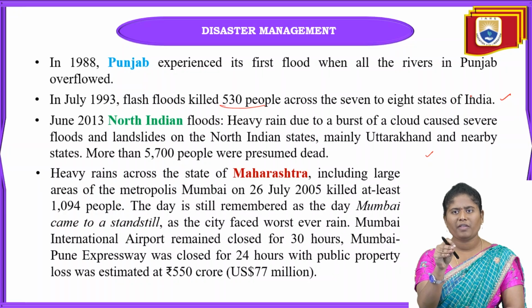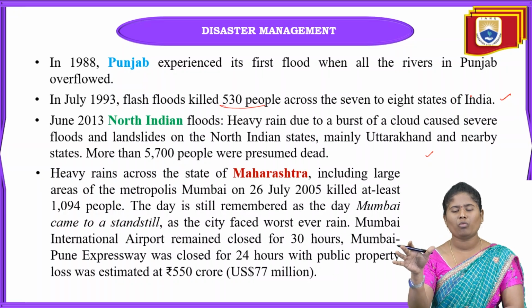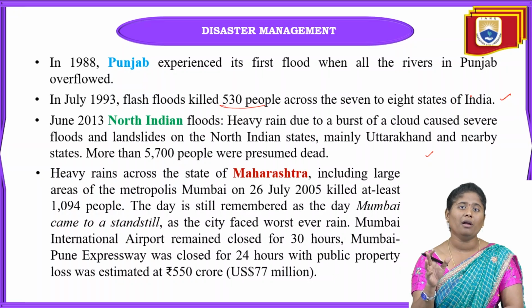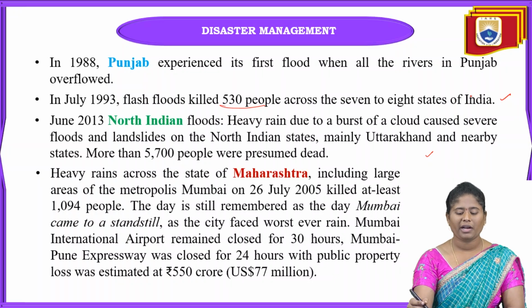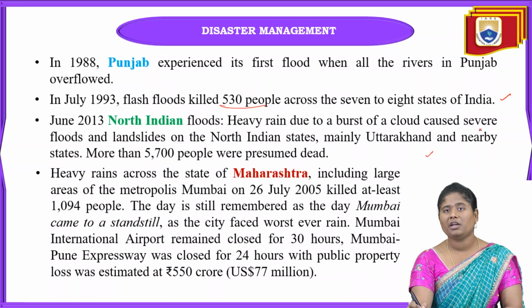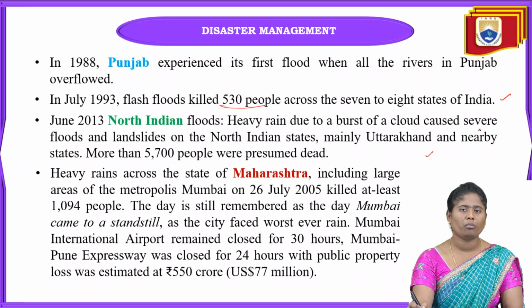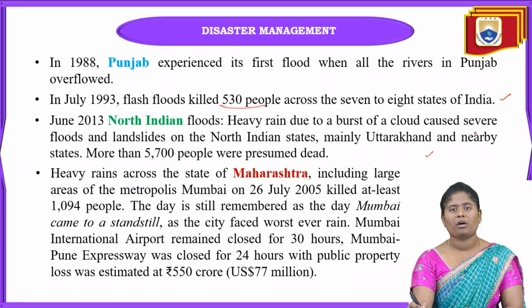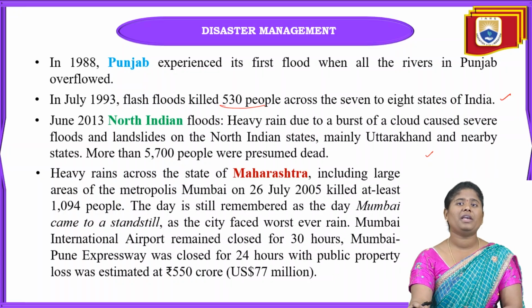Nearby that Uttarakhand region also, the Himalayan water flows into the rivers there. Okay. And due to this, North Indian states also faced so many floods in June 2013, mainly in Uttarakhand. At that time almost 5,700 people died.